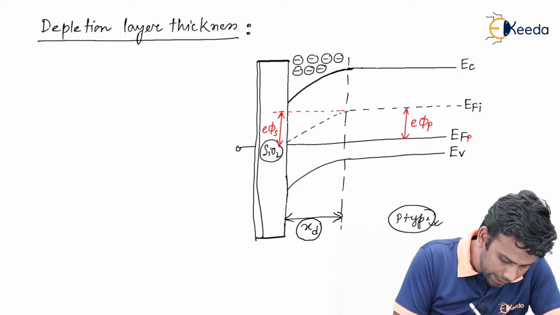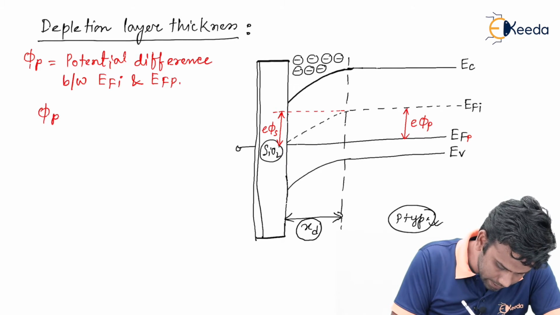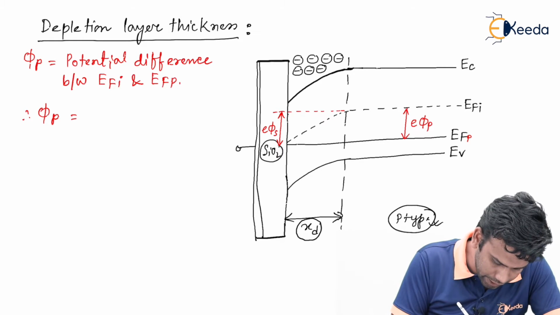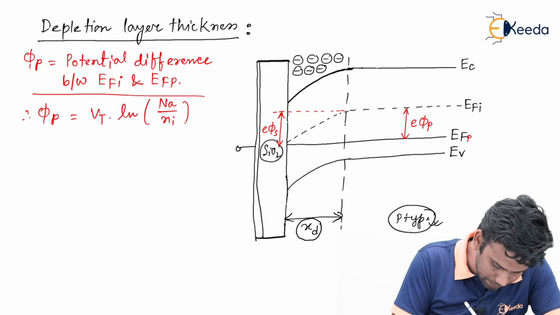So we can say that phi p is the potential difference between EFI and EFP, and this phi p can be given by the equation Vt ln Na by Ni, because we have taken a p type substrate.